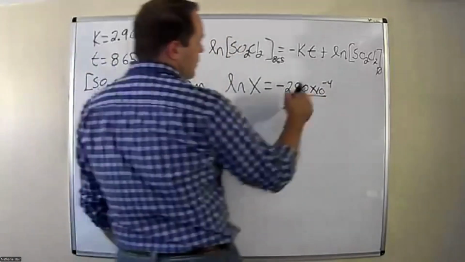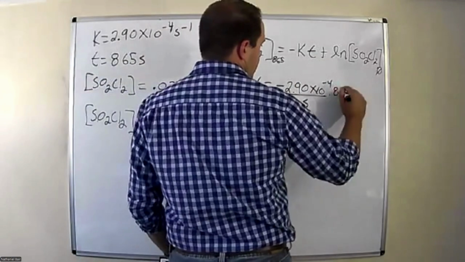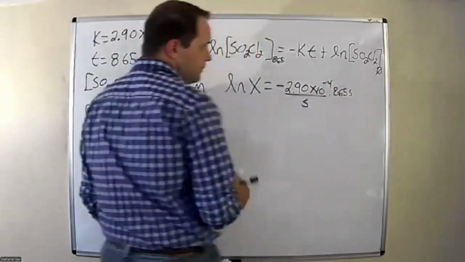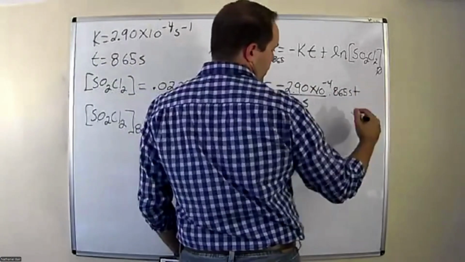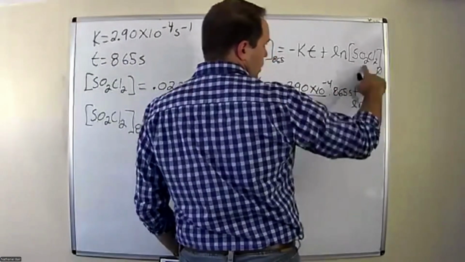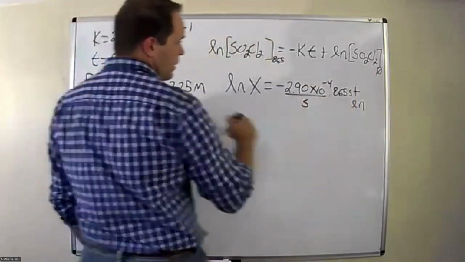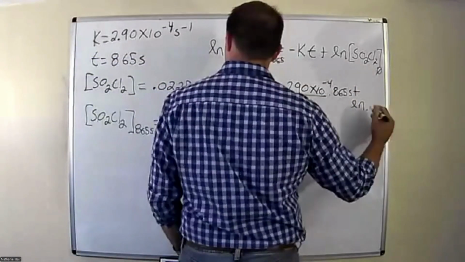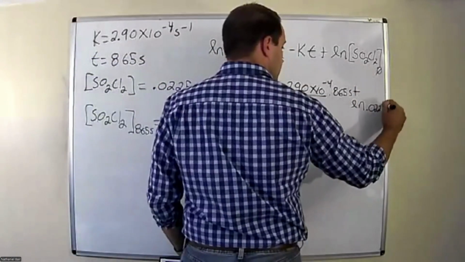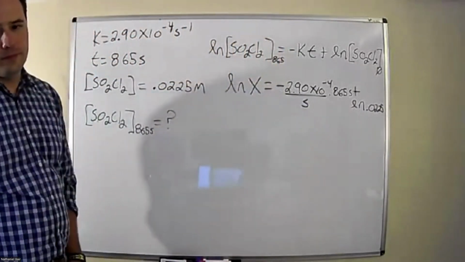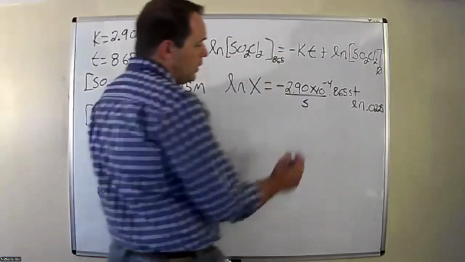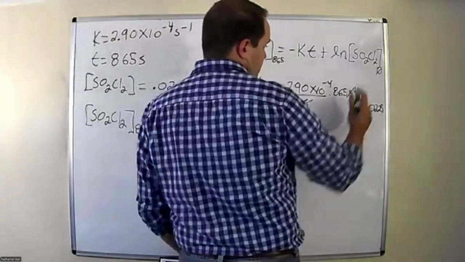Times the time, which is 865 seconds, plus, and I'm running out of room here, the natural log of the initial concentration, which is 0.0225. So the only unit I see canceling out is the seconds, right?